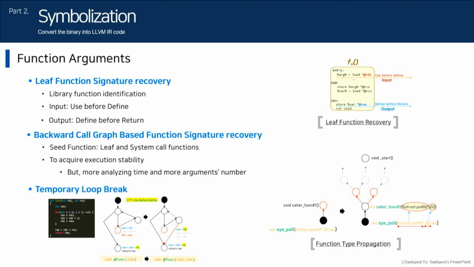Essentially, it is safer to have an excess of arguments than a shortage in terms of execution stability. So we initially find the types of leaf functions. Here, a leaf function means a function which does not call other functions. Starting from these leaf functions and system call functions, we progressively identify the types of other functions, searching backward in the call graph.